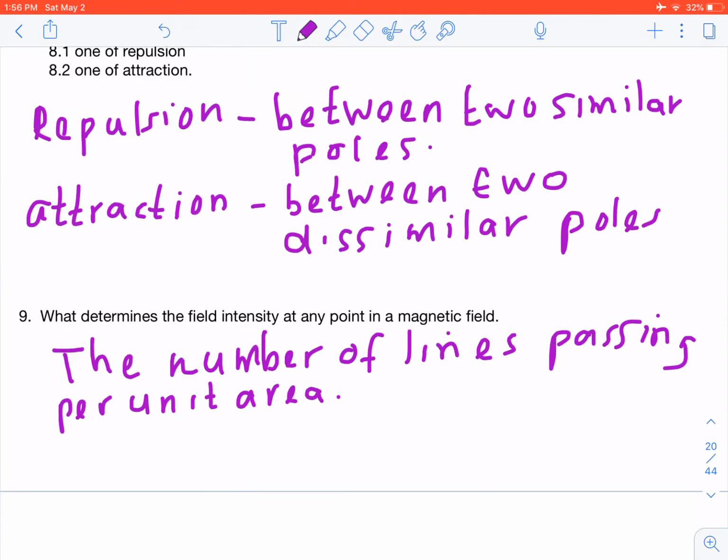Sometimes we also refer to it as, and you'll hear this term in grade 12, the flux density. There you have it. We're done, and see you the next time.